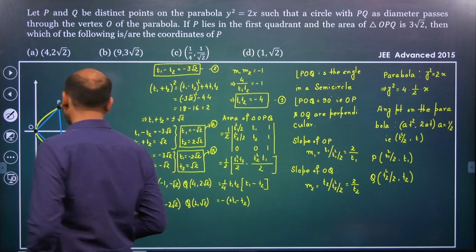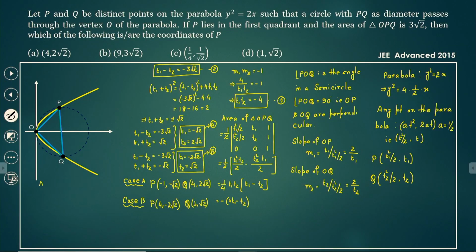So that's it. So therefore we'll say that P lies on quadrant 1, so the possible values of P is equal to 1 and root 2 and also the coordinate of P is equal to 4 and 2 root 2. That's it.